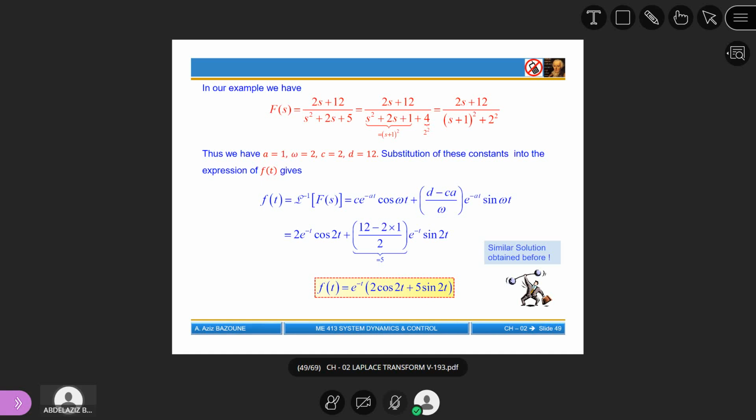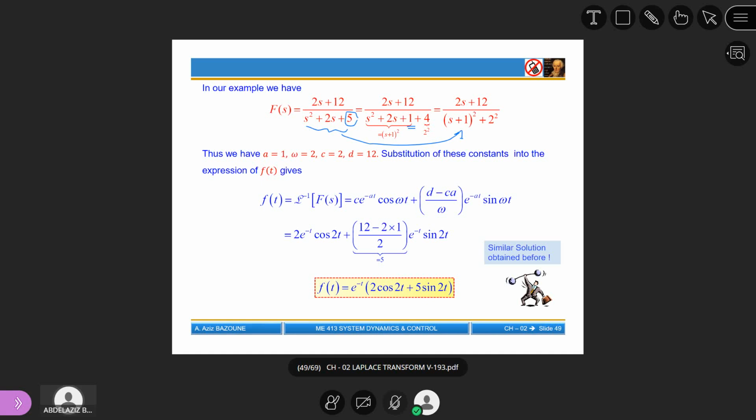Here, what we did, we wrote s squared plus 2s plus 5 as s squared plus 2s plus 1, and the 5 I wrote as 1 plus 4, where this 4 can be written as 2 squared. So it can be written as 2s plus 12 over s plus 1 squared plus 2 squared.